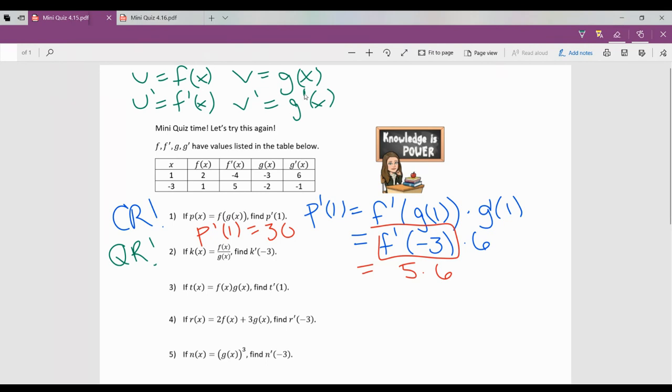So we've got g prime. There we go. So my quotient rule rather is u prime v, f prime of x times g of x minus u v prime, f of x, g prime of x, all over v squared.